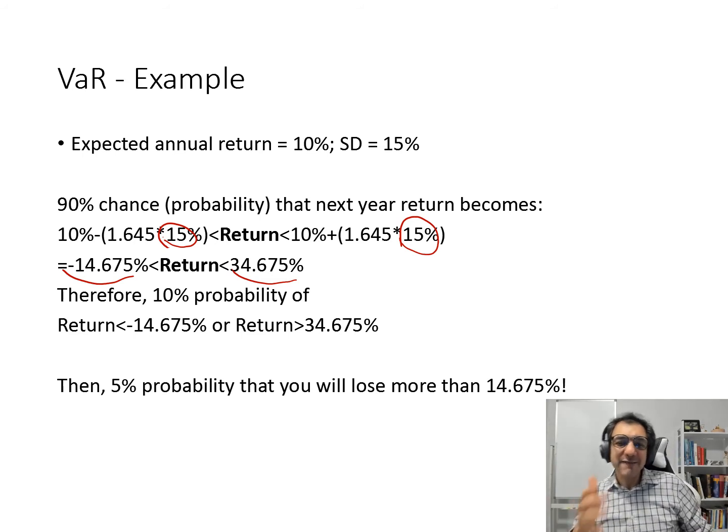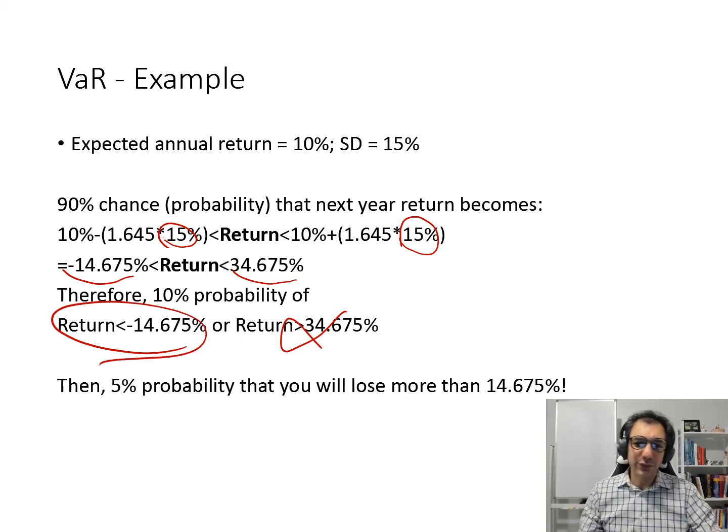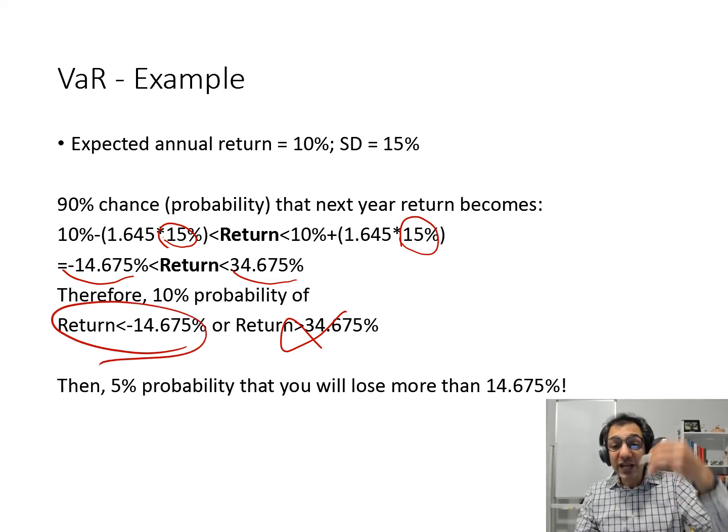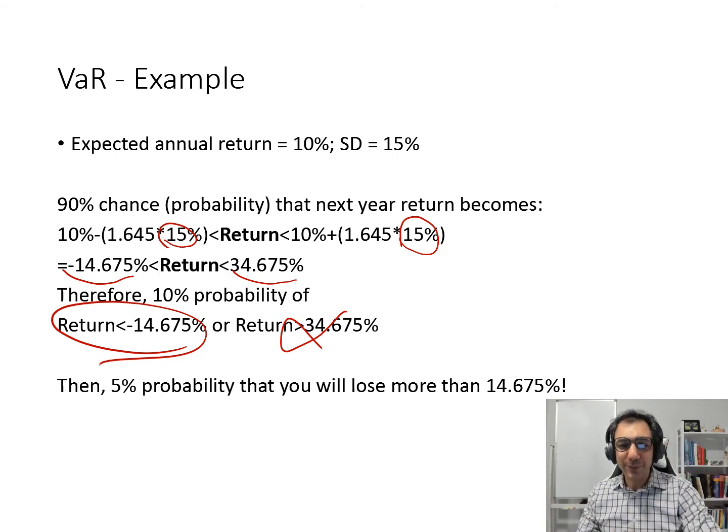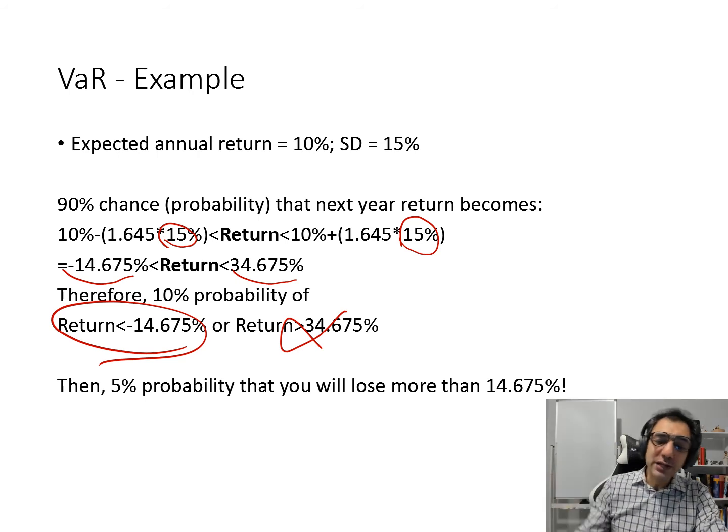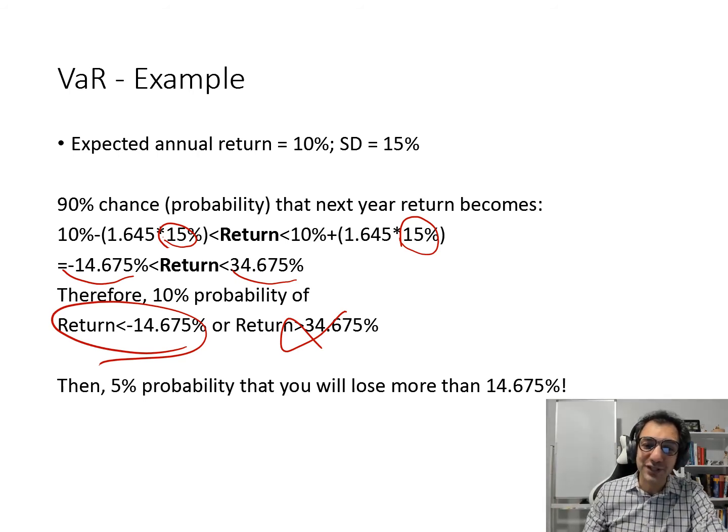As I mentioned, in VAR we are more concerned about the downside risk. So instead of looking at the upper side, we are more concerned about the downside. This is the normal distribution, so there is no skewness. So we can say there is a 5% probability that you will lose more than 14.6%.